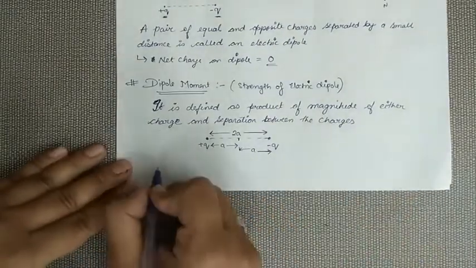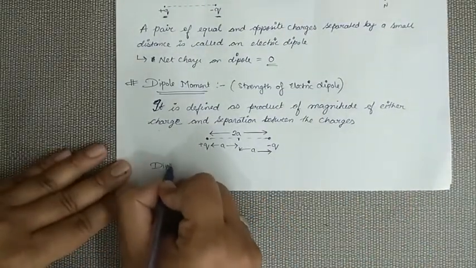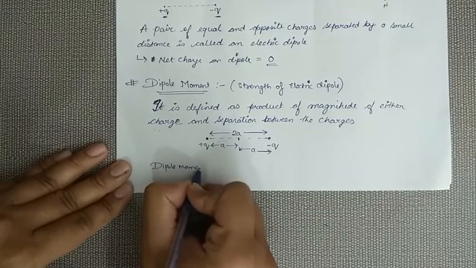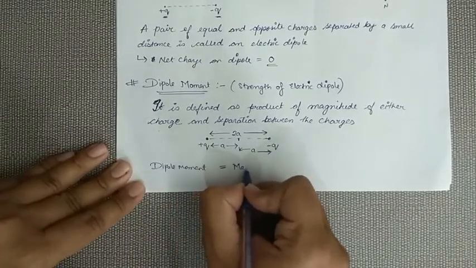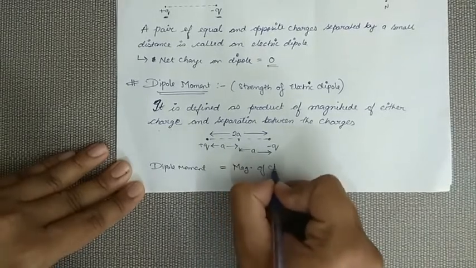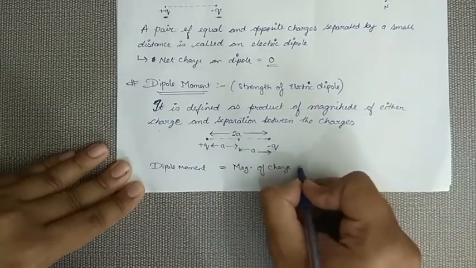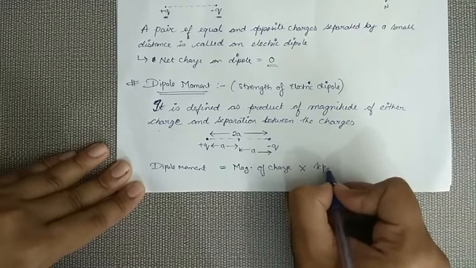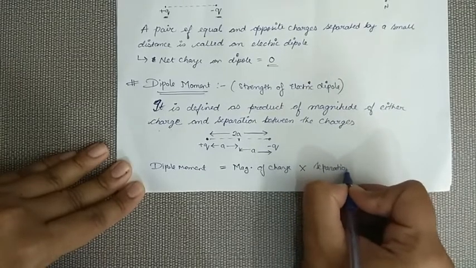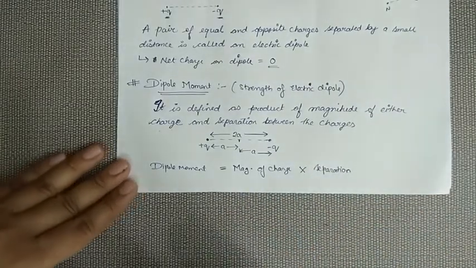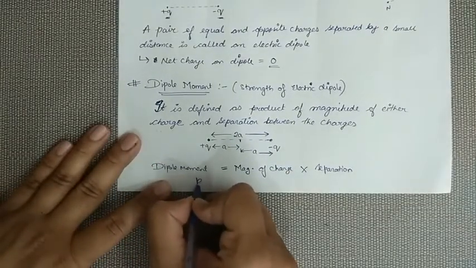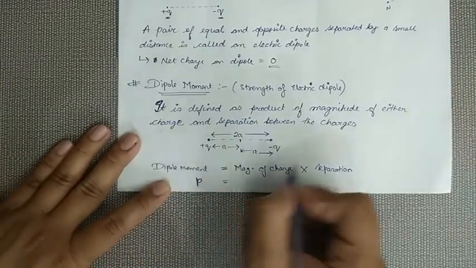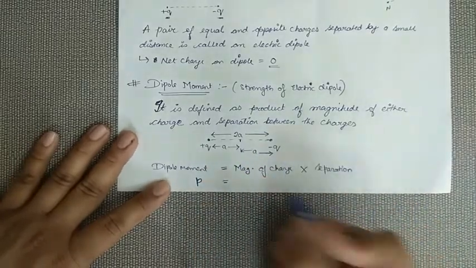So what does the dipole moment imply? According to the definition, the dipole moment means the magnitude of charge with the separation between them. The dipole moment is generally represented with P. Either charge means you can take any one of these two, they are equal in magnitude.